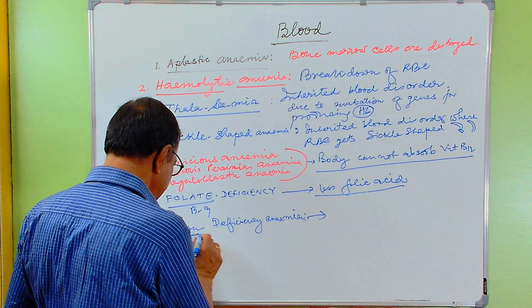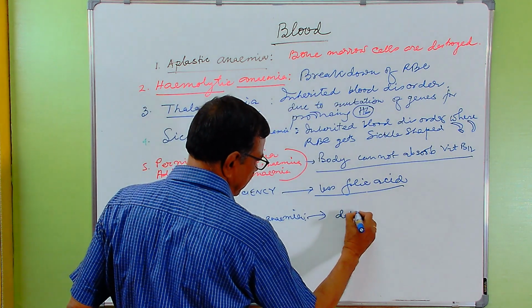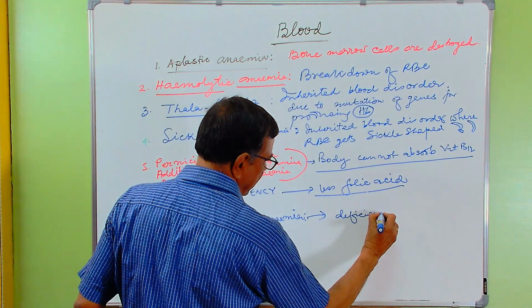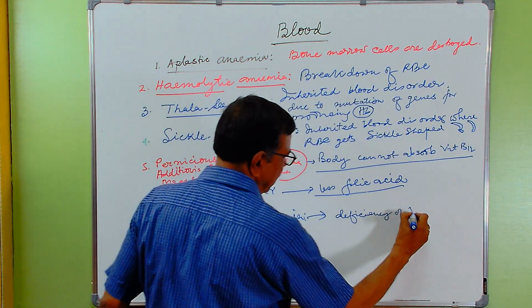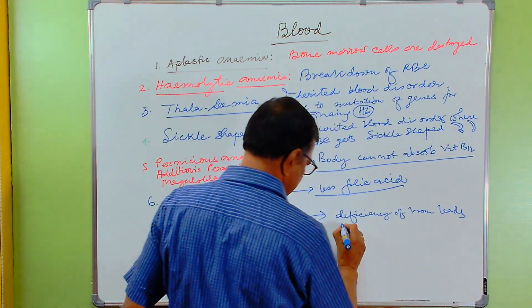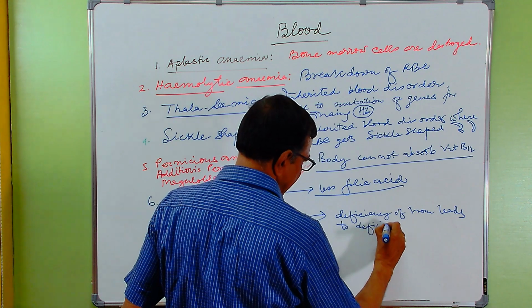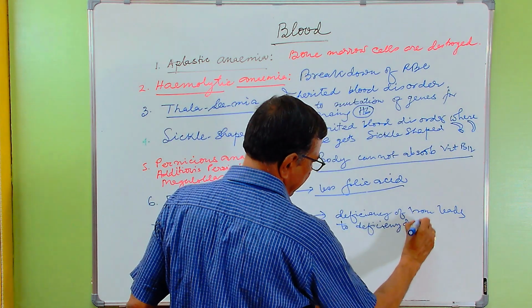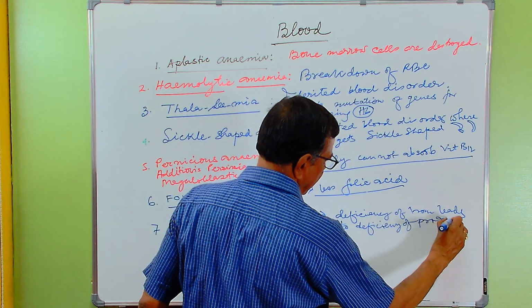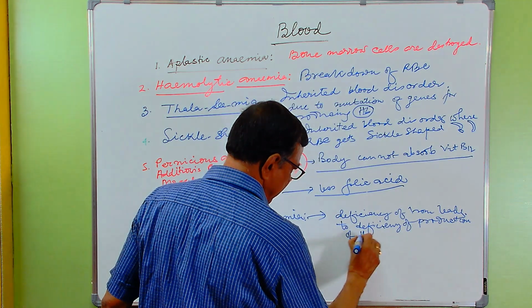So iron deficiency is due to deficiency of iron. Deficiency of iron leads to deficiency of production of hemoglobin.